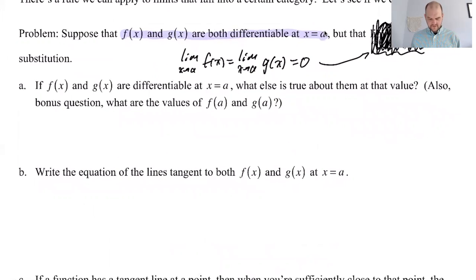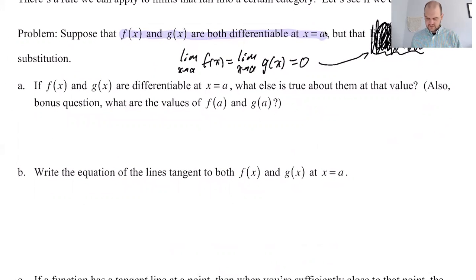So if f and g are differentiable at x equals a, what else is true about them at that value? If differentiable, differentiable implies continuous. That's a bad arrow. Implies continuous. As soon as they're differentiable, we automatically know that they're continuous at those points.